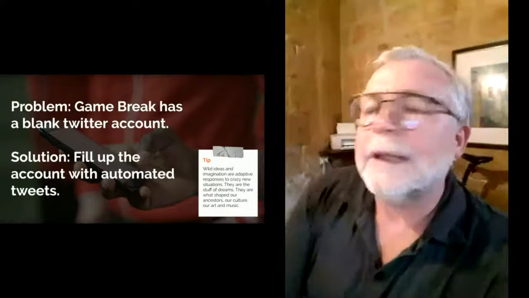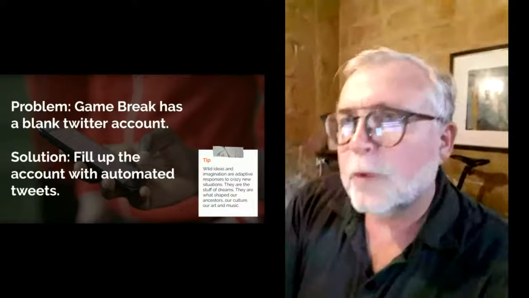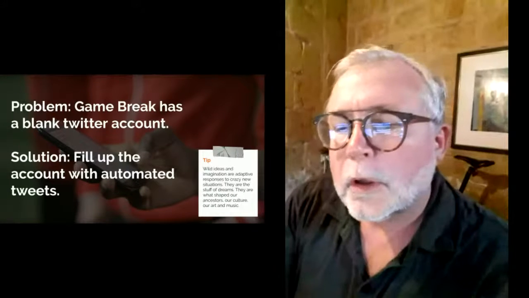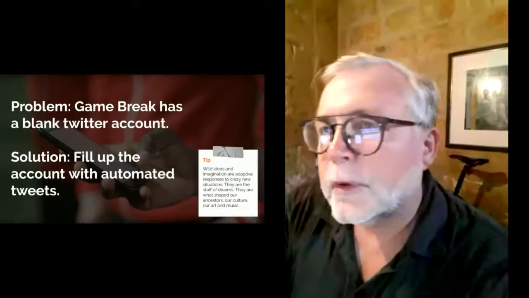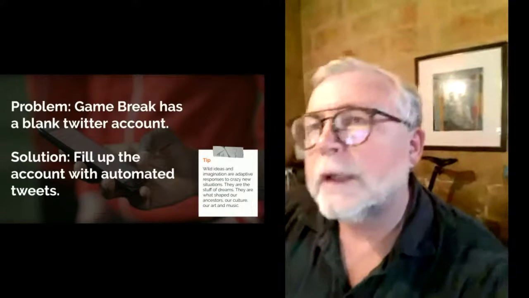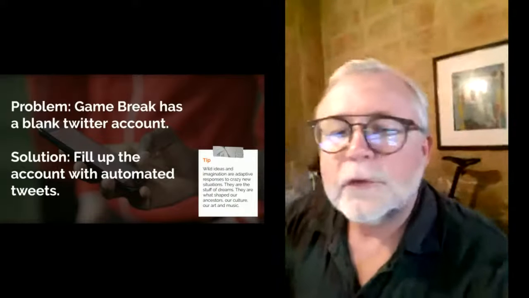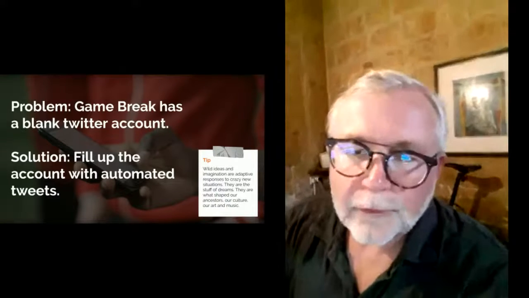And so we came up with this idea to make an automated account that would retweet tweets with the same sort of themes. But we didn't want to just do any retweet. We evaluated these tweets for their emotional positivity or negativity.